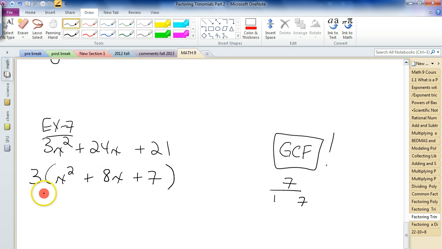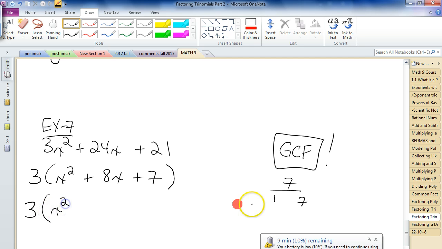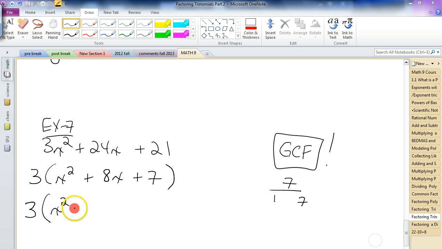So we can rewrite this. And again, if you want, so you don't forget, leave the 3 there. And then we can rewrite this as x squared plus 1x, or just x, plus 7x plus 7.